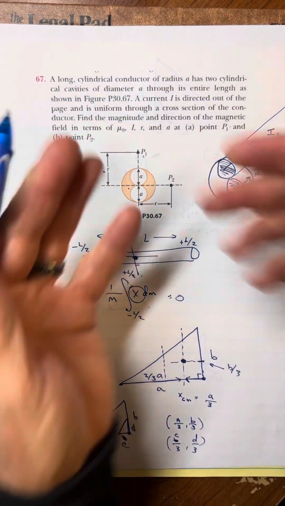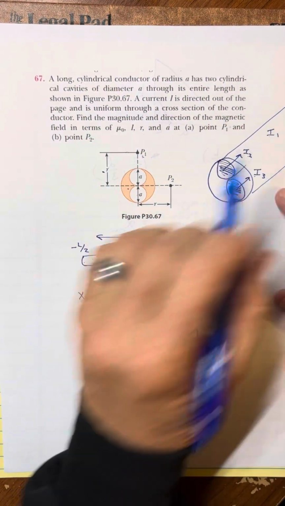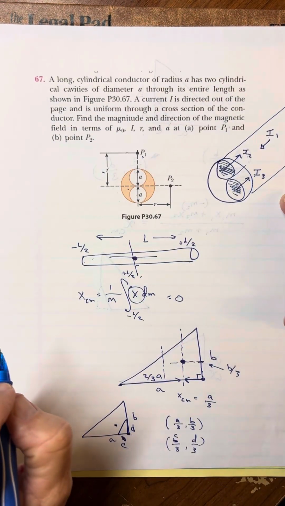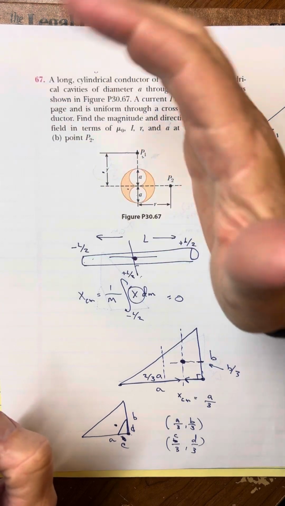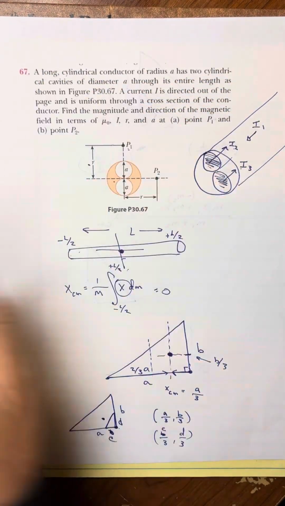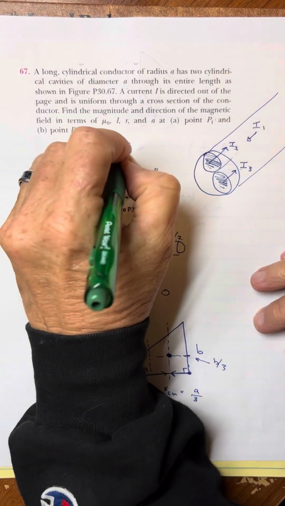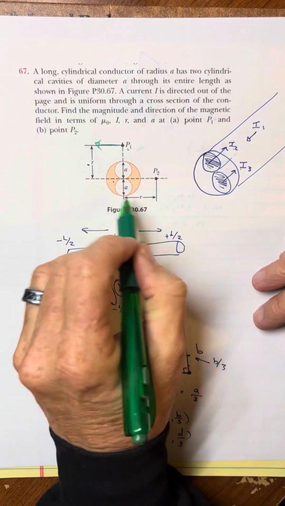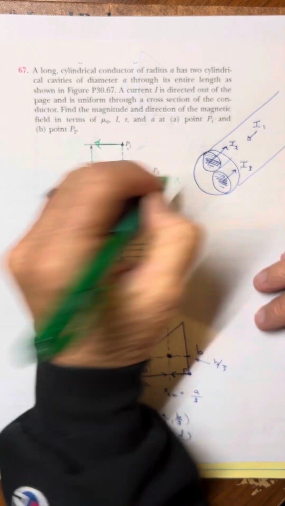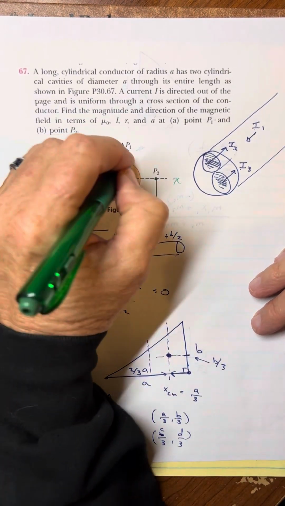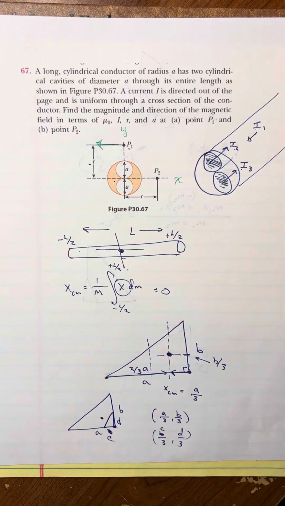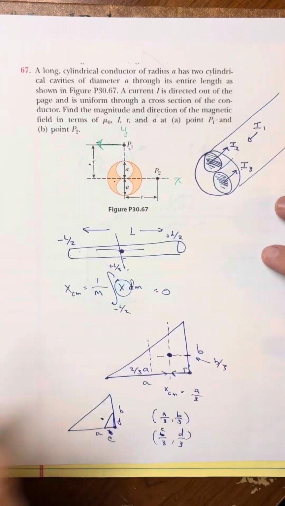If the current is coming out towards me, I would take my right hand with my thumb towards the screen here, and this would make a magnetic field pointing in, if you call this the x-axis, this the y-axis. This field would be pointing in the negative x-axis from this big wire.